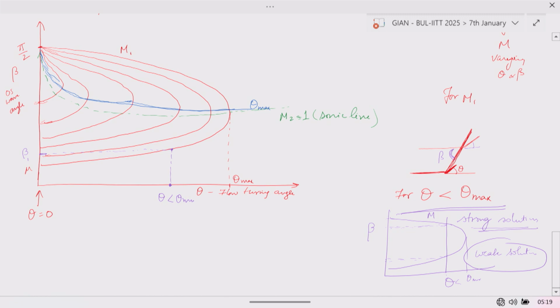This is the weak solution. And then if we move further here, this is the strong solution. We don't know whether it exists or not, but we always know for sure the weak solution exists.